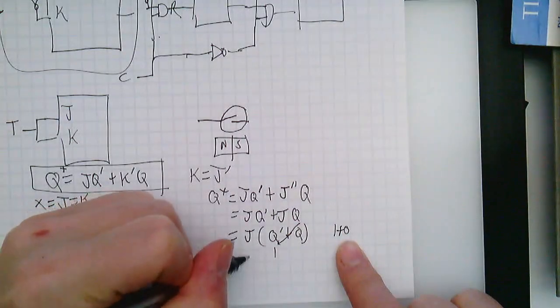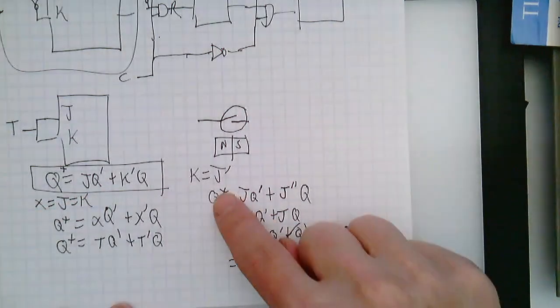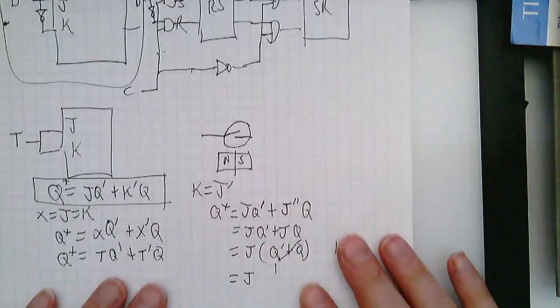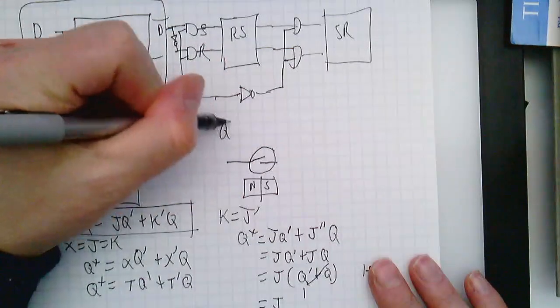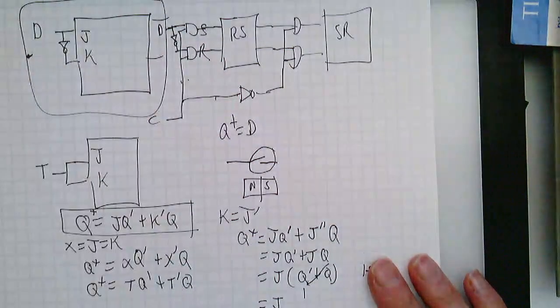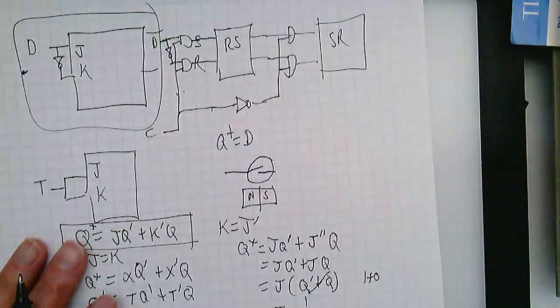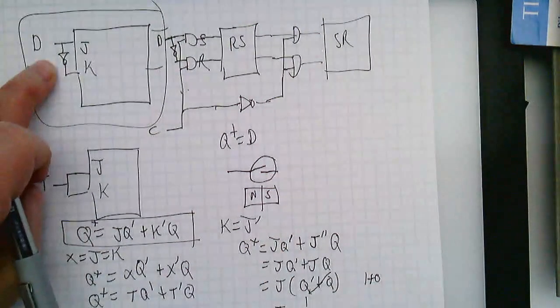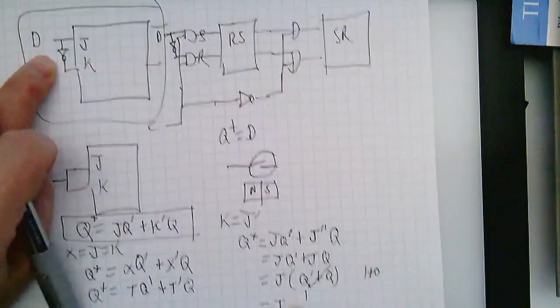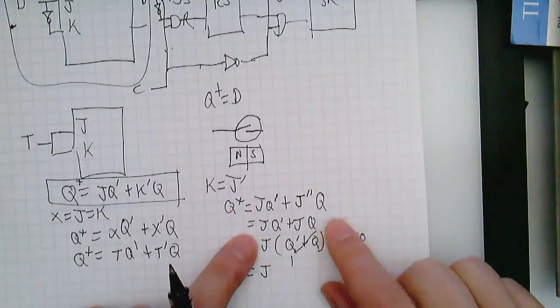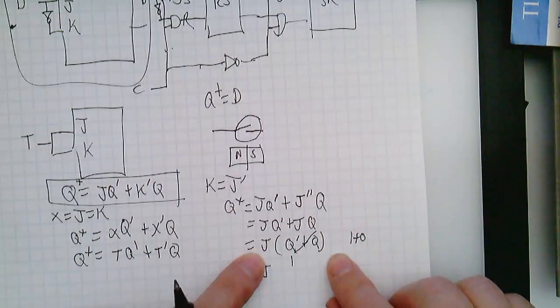So whatever the input is, it's J. So if Q plus equals J, that's the same as Q plus equals D. Right? So that's saying Q plus will be whatever we use for input. That's why we call it a D flip-flop. And you can get that directly from the characteristic equation through Boolean algebraic manipulation.